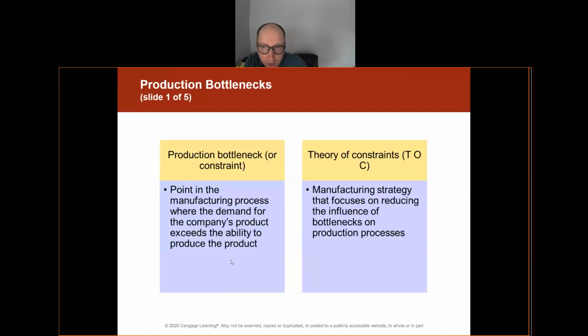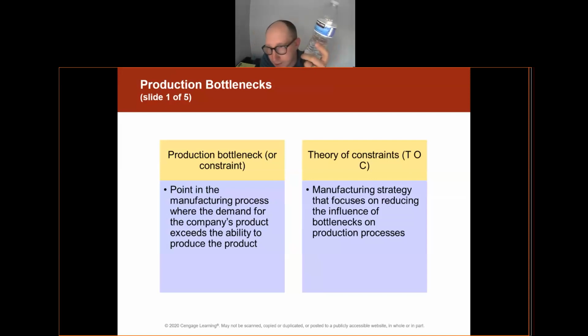All right, let's talk about a couple of production restraints. This one's called a bottleneck. Think of the top of a drinking bottle of water, the opening. It's very small. The rest of the bottle is pretty large. As the water fills, the space gets smaller and smaller, and then we're constrained, right?